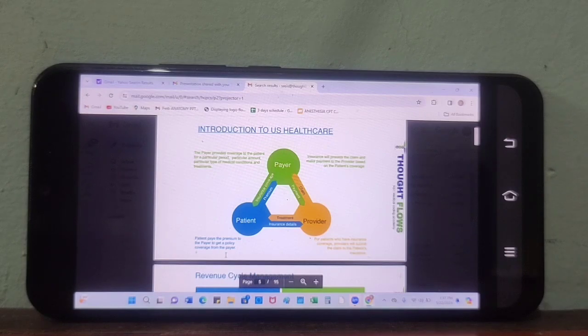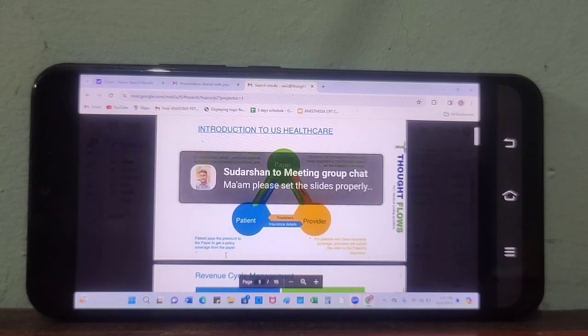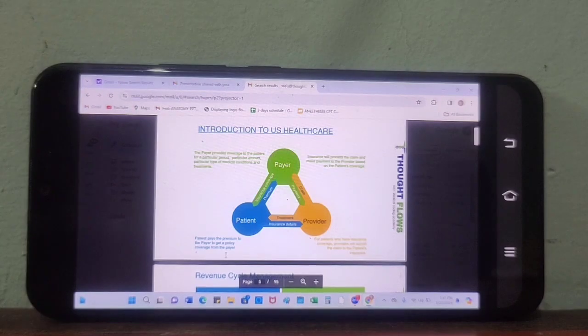The patient pays some amount to the insurance company. The payer is the insurance company. The patient pays on a monthly or yearly basis, and that is called the premium amount.